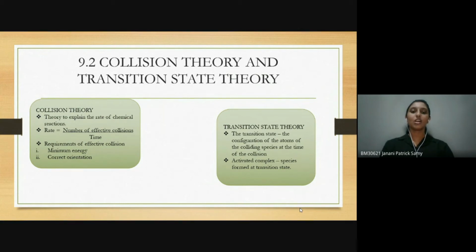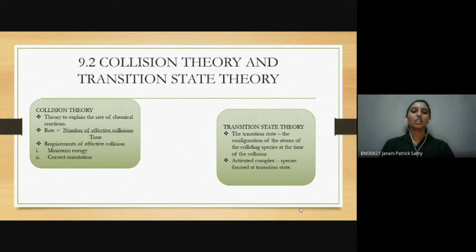The second is the collision involved is an effective collision. So the molecule must possess a certain minimal kinetic energy, which is activation energy, to initiate the chemical reaction. Also, the molecule must collide in the right orientation in order for the reaction to occur.